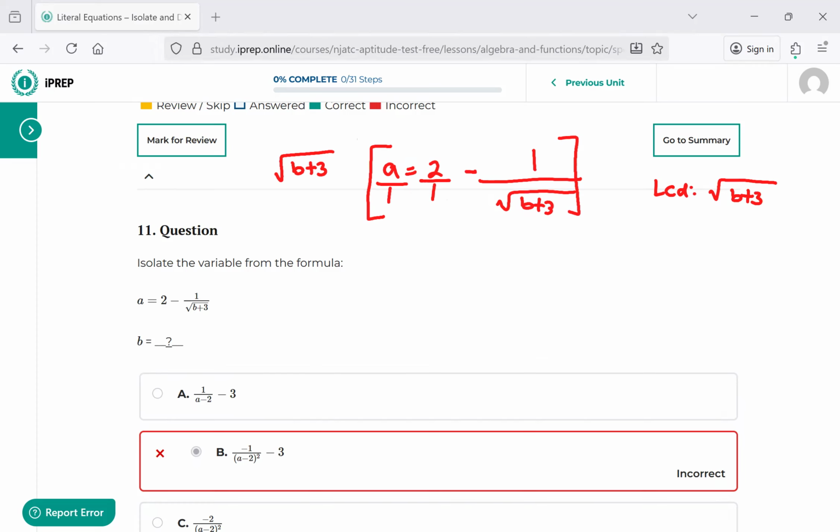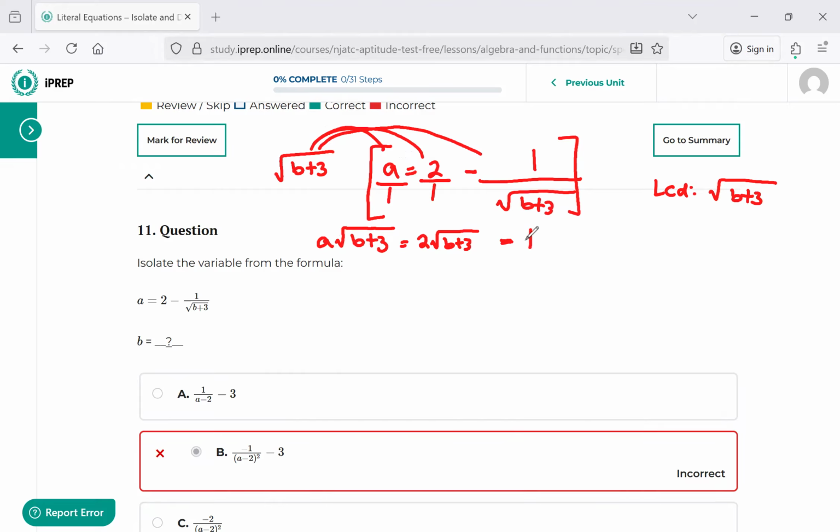Everything. So on this side, a times square root of b plus 3 is just a square root of b plus 3. Over here, 2 times this, that's just 2 square root of b plus 3. Over here, there's a minus, and then these are the same, so they cancel, so you're just left with negative 1.